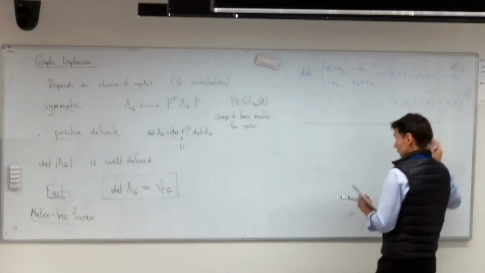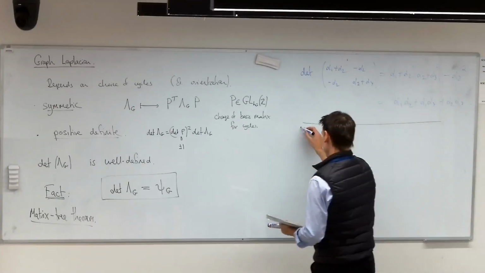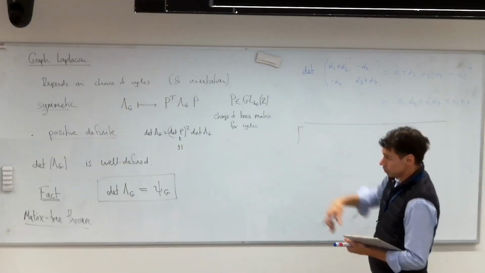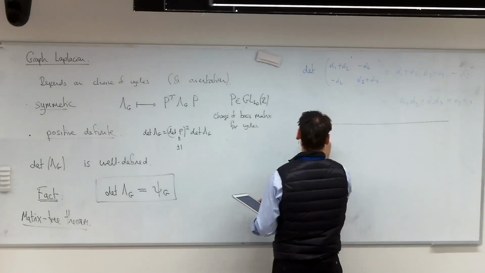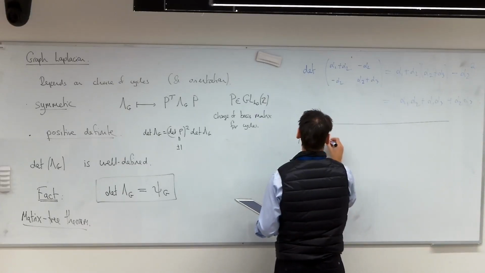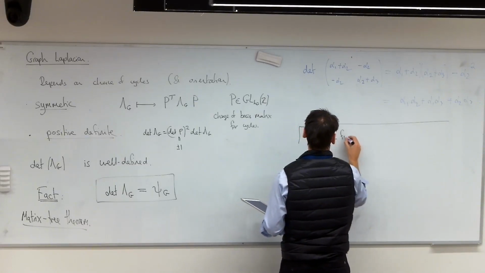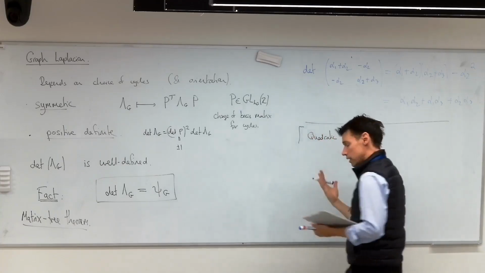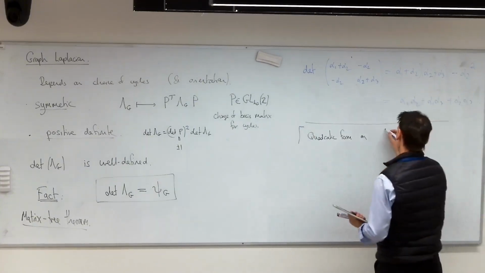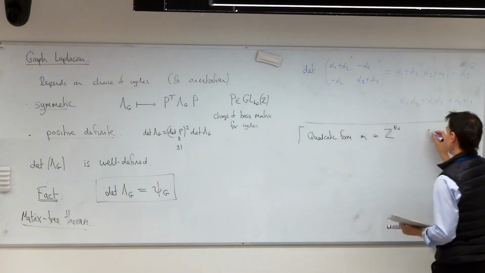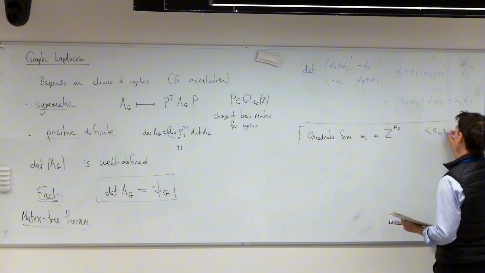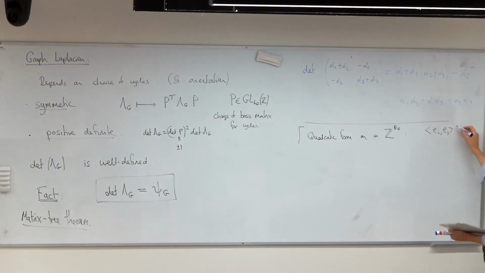Now if you're a bit more sophisticated, I'll be very brief. Instead of making all these choices, you can just define a quadratic form, a symmetric bilinear pairing on this space, by declaring that the product between E_i and E_j is delta_ij alpha_i.